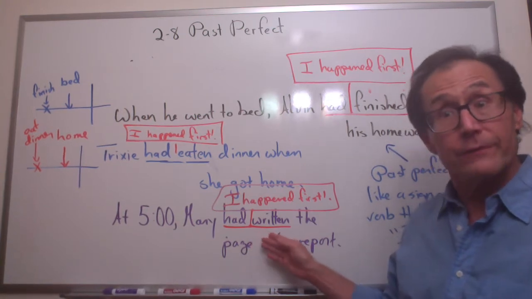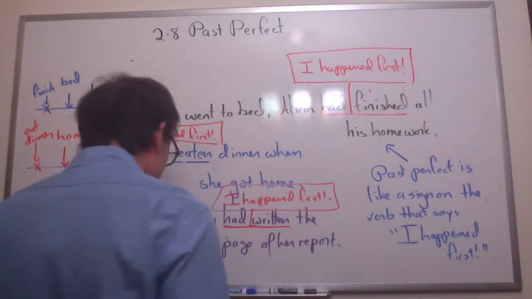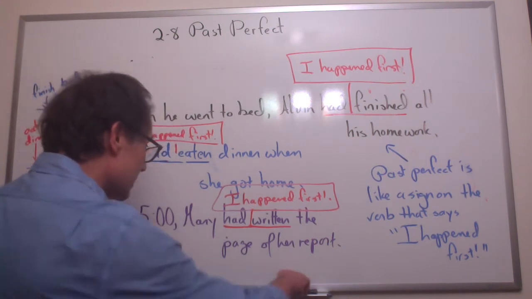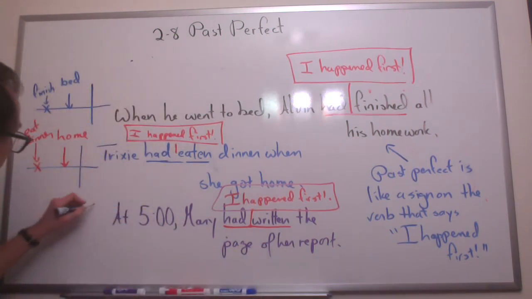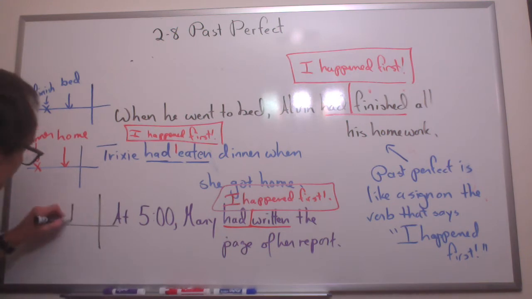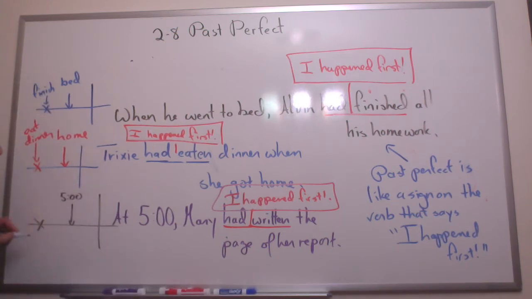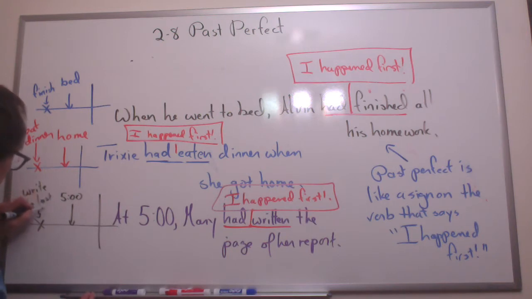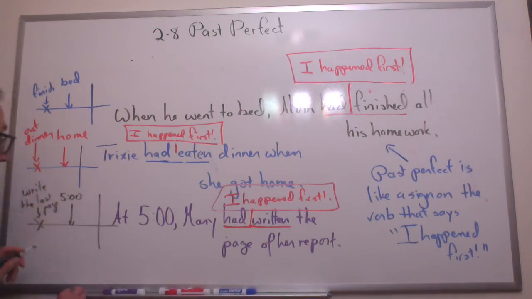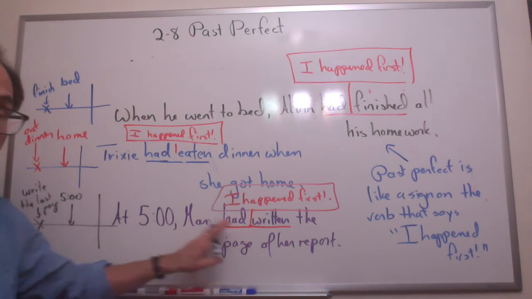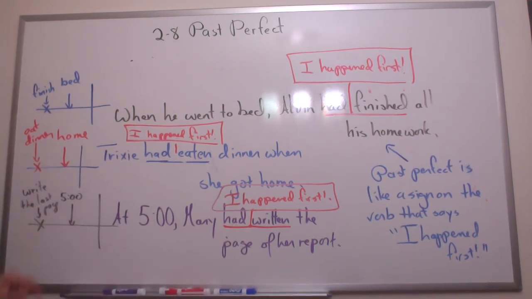This happened first. So if I draw a picture, it'll look like this. Here is 5 o'clock, and here is write the last page. So she wrote the last page before 5 o'clock.